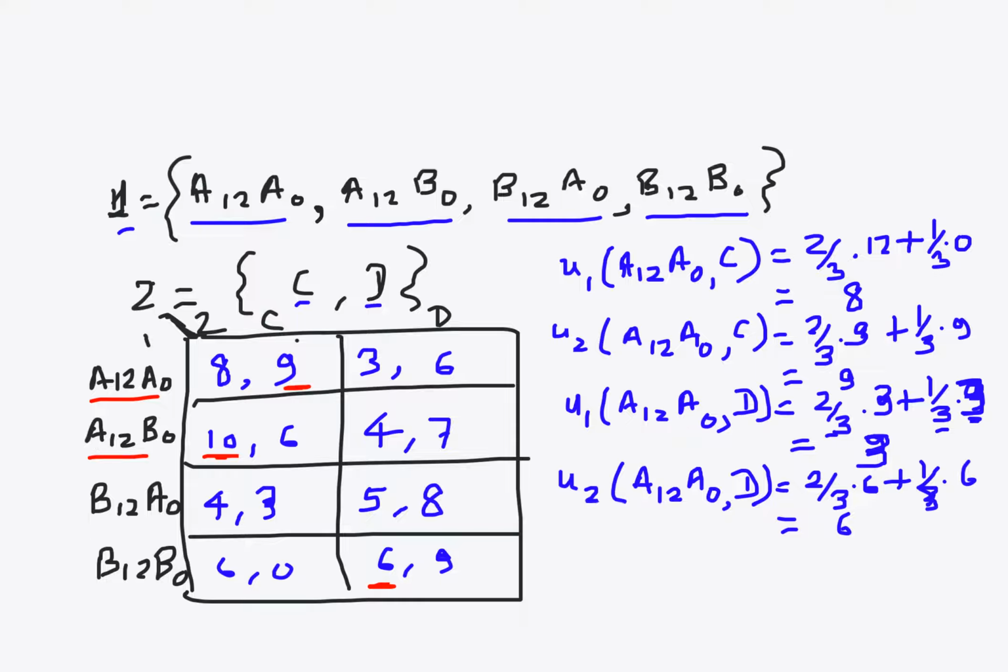If player 1 chooses A12, B0, then the best response for player 2 is to choose D. If player 1 chooses B12, A0, the best response for player 2 is to play D. And if player 1 chooses B12, B0, then the best response for player 2 is to choose D. So clearly the best responses match here, and this is your Bayesian Nash equilibrium of the game.